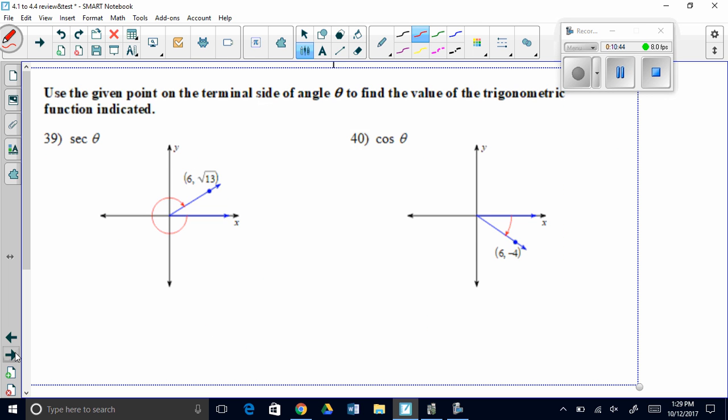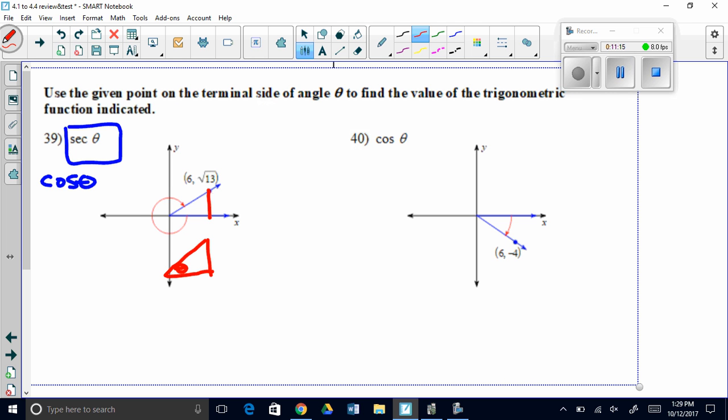Alright, so then 39 says using the given point on the terminal side, find the value of the trigonometric function indicated. So really this wants secant, and you know me, I don't really care for secant all that much. I'm going to start by finding the cosine. So I have this lovely angle right here. If I just draw a quick right triangle here, let me redraw it actually.